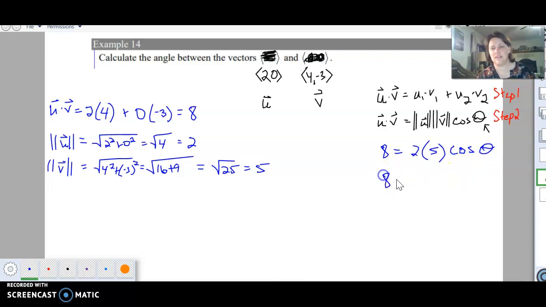So we've got 8 equals 10 cosine of theta. Then divide both sides by 10. And we've got 4/5 is equal to cosine of theta. So we want to find the arc cosine of that.